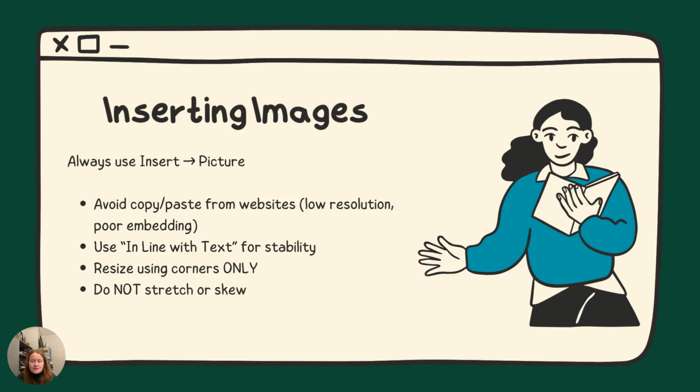Once you've decided that you do need the picture, it's important that you insert it properly. So in both Google Docs and Word, go to Insert, and then Picture. Sometimes there are different types of pictures that you can insert, but the actual mechanism of adding it is always going to be similar to this.